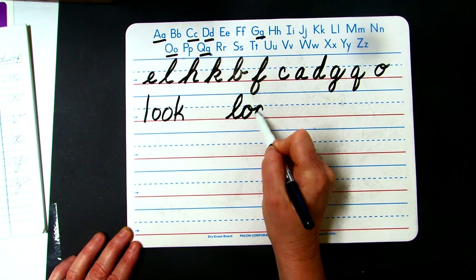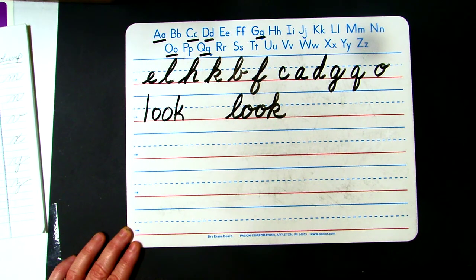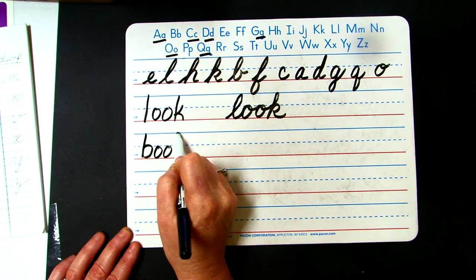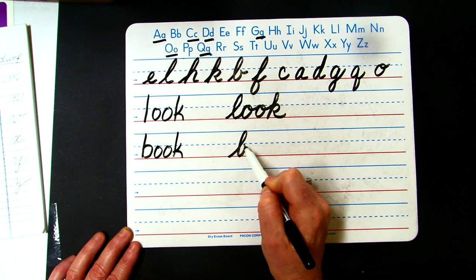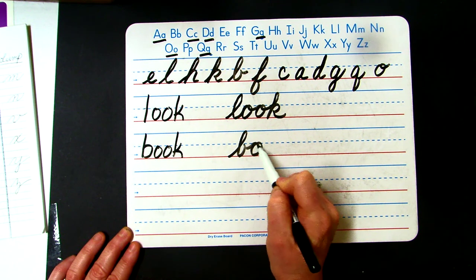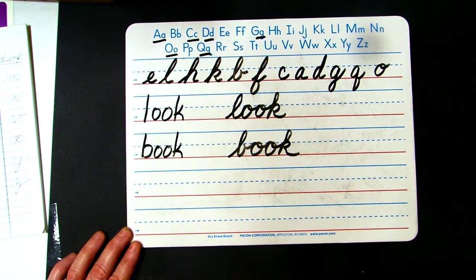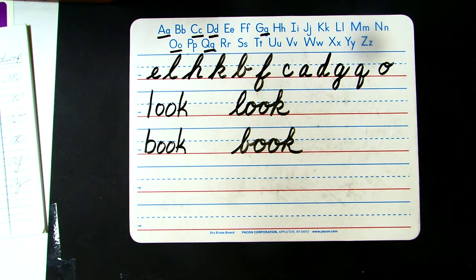Loop, loop, stay up there and leave that bridge. So look. We can make the word book, which is going to look very similar, but there's a big difference. It has a bridge. They almost look the same, don't they? So the difference between look is L has a tail and B has a bridge. Difference between look and book.